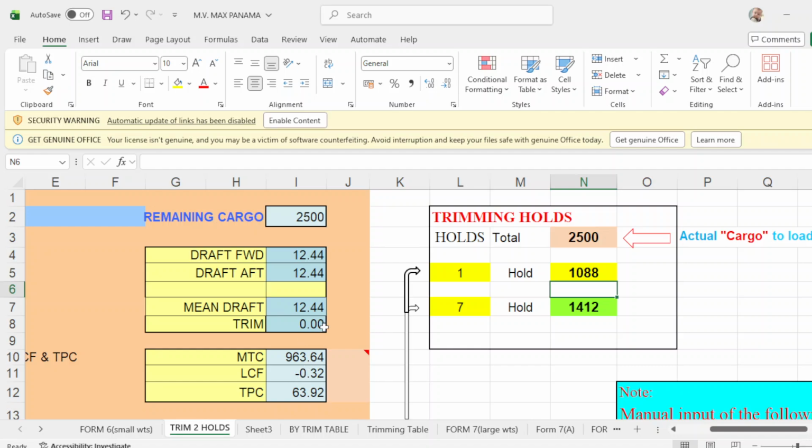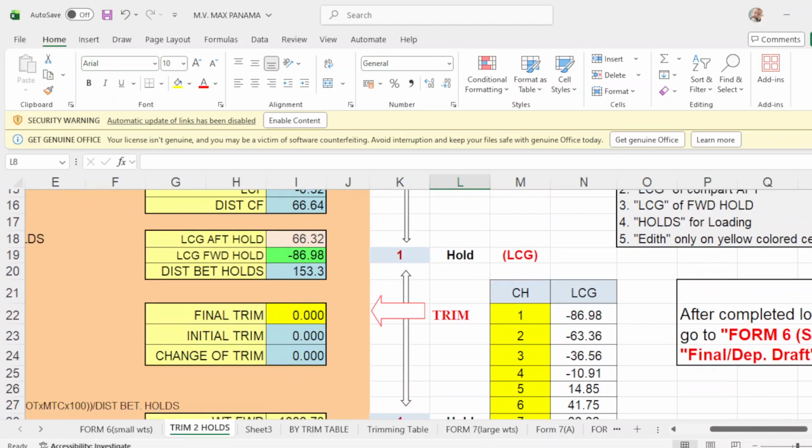This is your zero trim, MTC, LCF, and TPC. Then your trimming holes is 1 and 7. Put 1 and 7. And let's say you will depart even keel, no trim, so you put 0, enter.